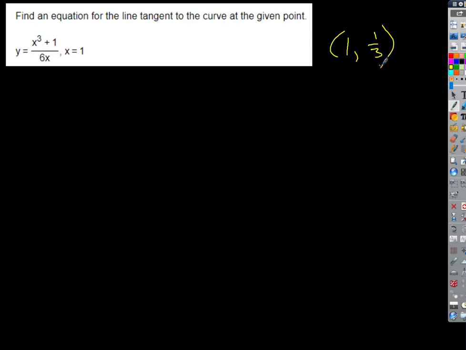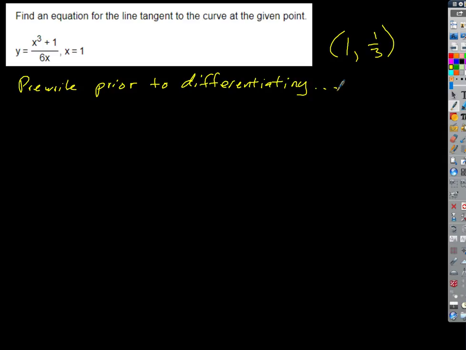But I have to rewrite or pre-write prior to differentiating. What does the word differentiating mean? Taking a derivative, right? To differentiate is the verb for taking a derivative.